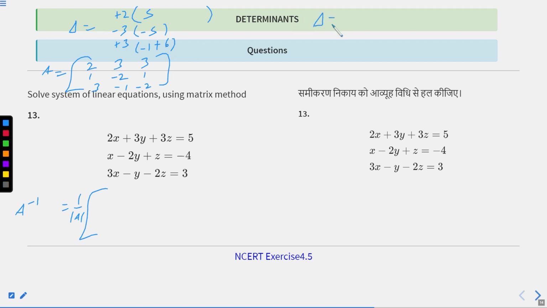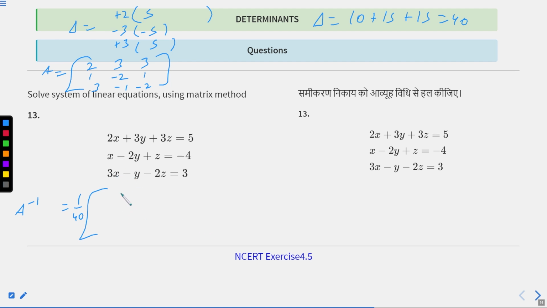So your determinant will be 10 plus 15 plus 15, so it will be 40. Yes, 30 plus 10 is 40. Determinant is 40.